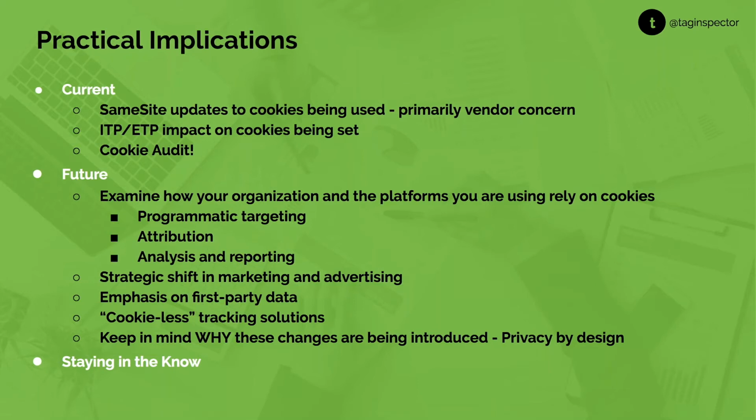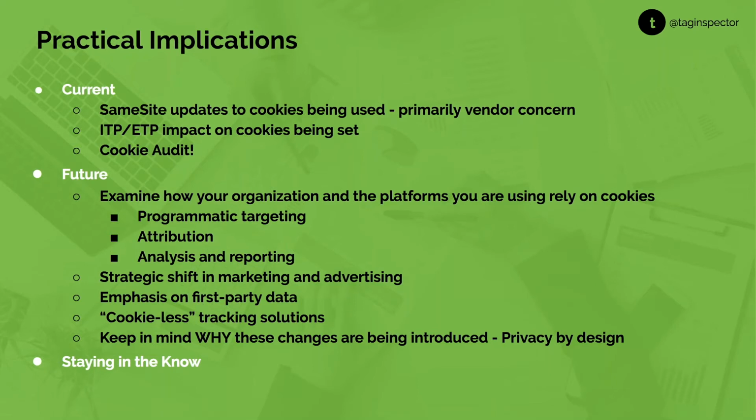Because the concern is that new, nefarious, and even more difficult for a user to understand or track means of identification will then be introduced, which we're starting to see a little bit. We'll talk about it shortly.